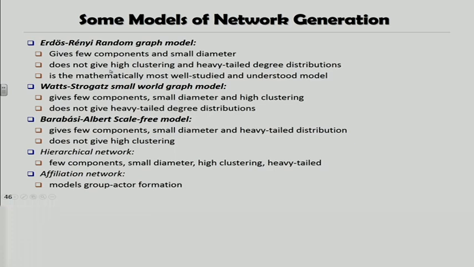In the 1960s, or maybe even the 50s, we get back to Erdős and Rényi. I told you Erdős was like a traveling mathematician, working with many people and generating many papers. One of his famous and very popularly cited papers is the random graph model. He thought the graph or network was generated in a random way.